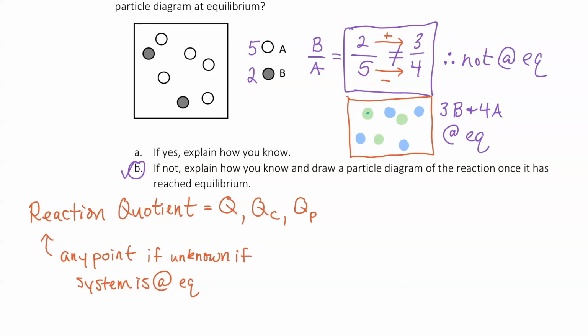So there's 3 scenarios. If Q equals K, what does that tell us? It's at equilibrium. Great. Wonderful.